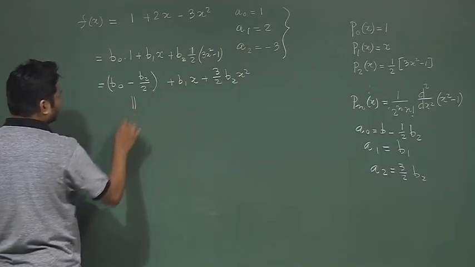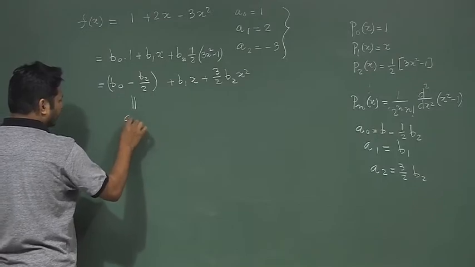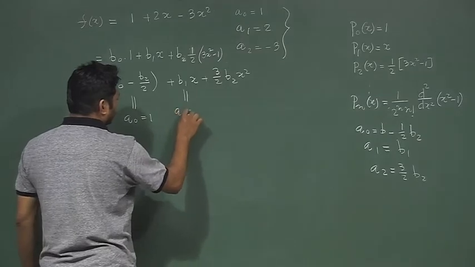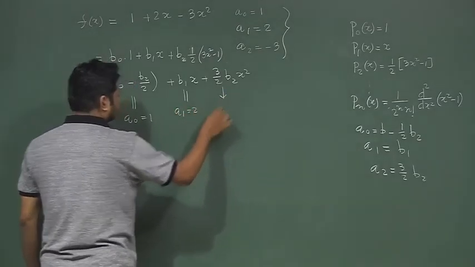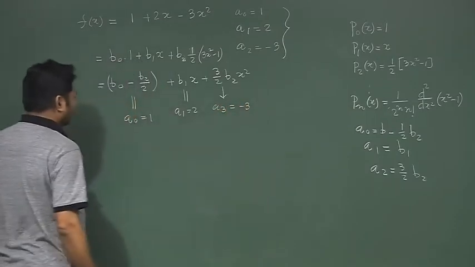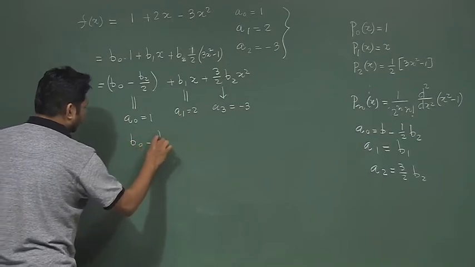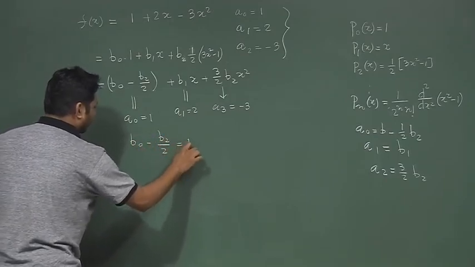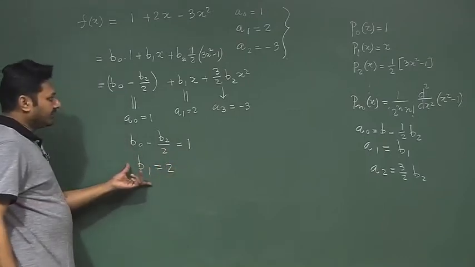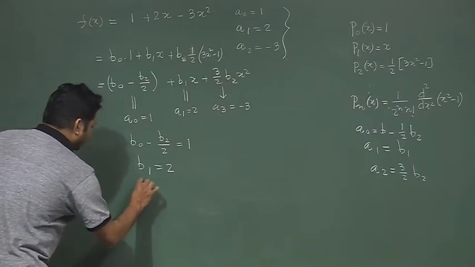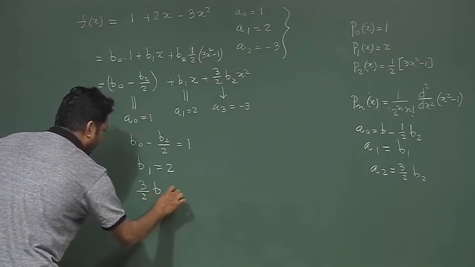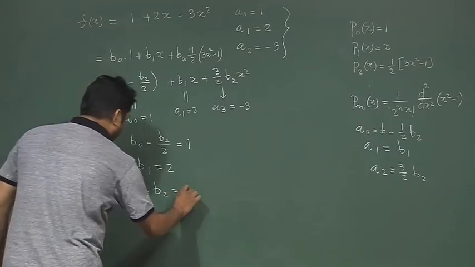So, this value is how much? This value is a0, which is equal to 1. This value I readily figure out, this is a1, which is 2, and this value is a2, which is minus 3. So, I have an equation b0 minus b2 by 2 is equal to 1, b1 is 2, I readily find, and 3 by 2 b2 is equal to minus 3.